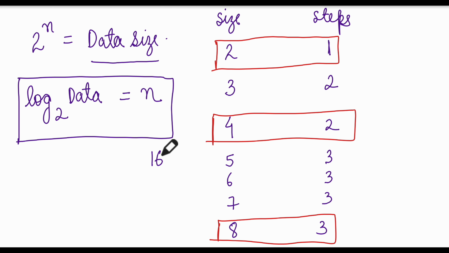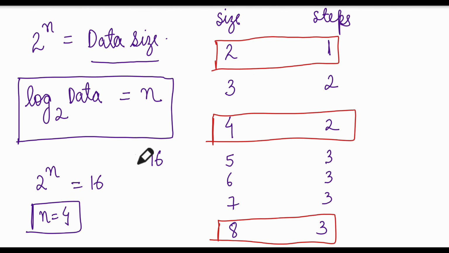In log n time complexity, how to determine the number of steps required? You will say, what is the power of 2 required to be equal to 16, and that is 4. It means a total of 4 splits will be required to achieve this particular task. Correct?